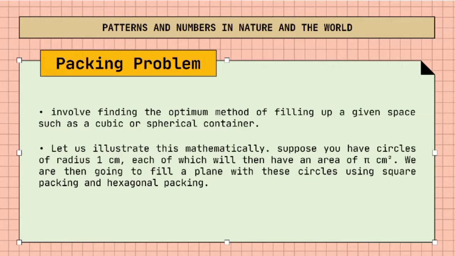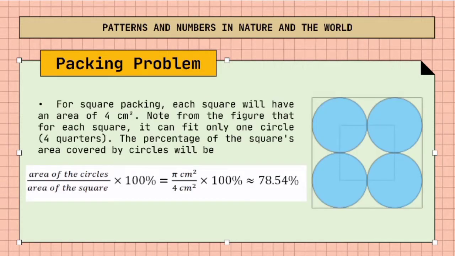Suppose you have circles of radius 1 cm, each of which will then have an area of pi cm squared. We are then going to fill a plane with these circles using square packing and hexagonal packing. So sa square packing, each square will have an area of 4 centimeters squared. Note from the figure that each square can fit only one circle, which is 4 quarters.